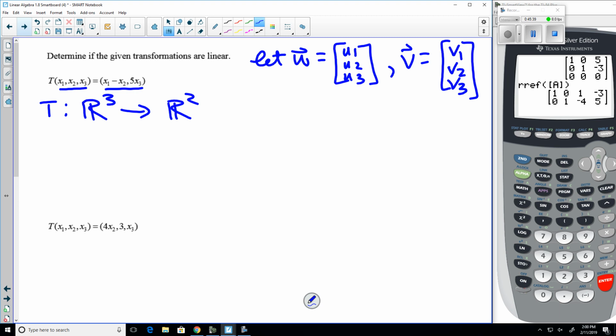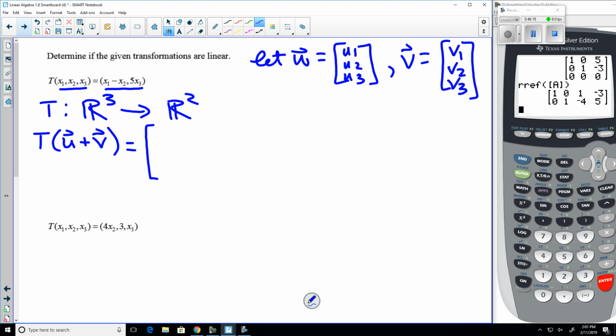So let's take the transformation of u plus v and see if it's the same as the transformation of u plus the transformation of v. Okay, that's our goal. So what does that look like? It's an R2 vector, and the first entry is the difference between these two, right?